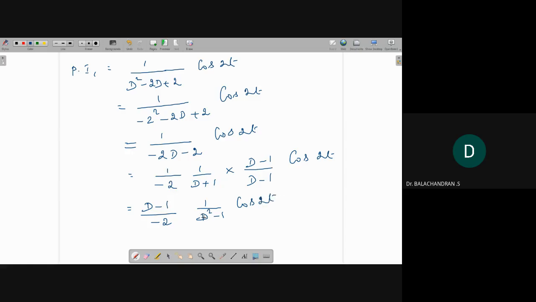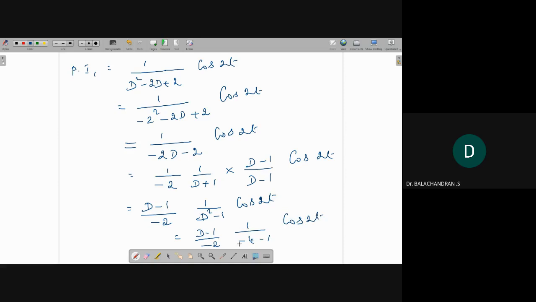Again replace D square by minus 2 square: (D minus 1) by minus 2, 1 by (minus 4 minus 1), cos 2t.